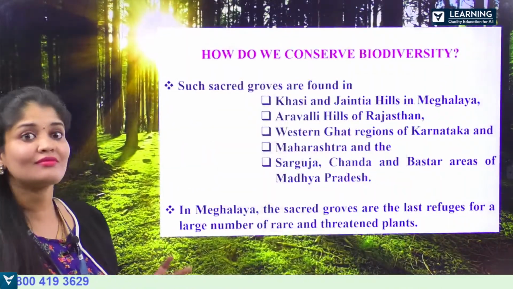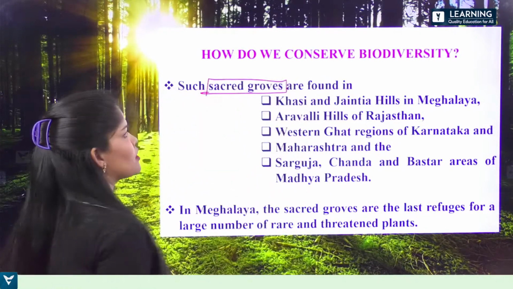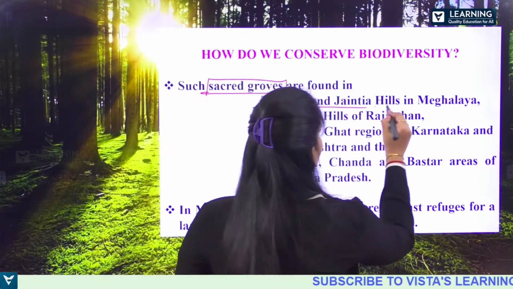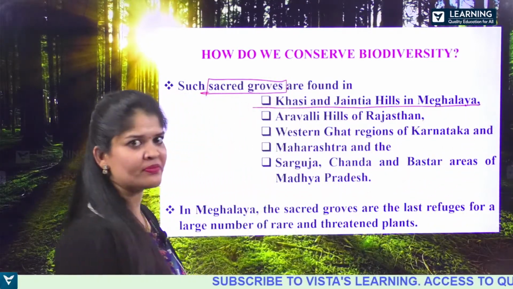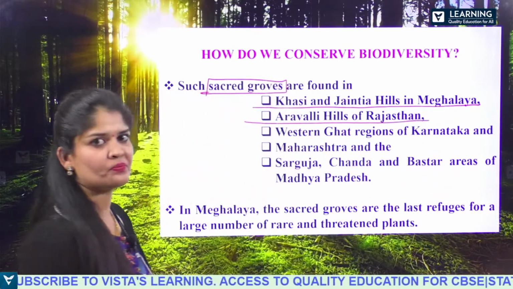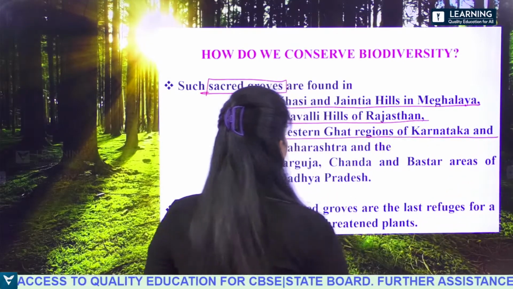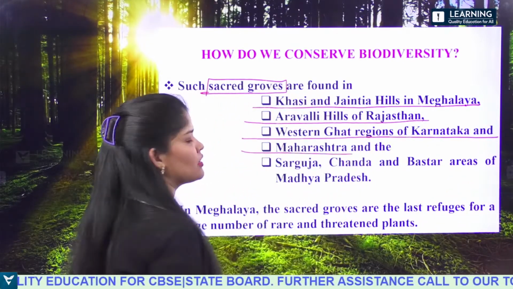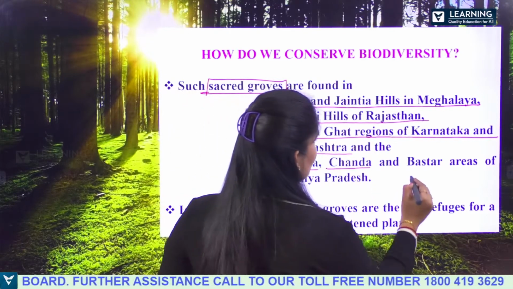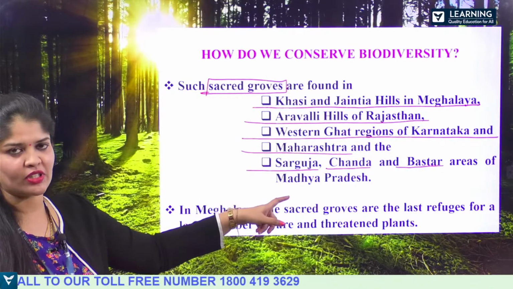Such sacred groves of trees are found in Khasi and Jaintia Hills in Meghalaya, Aravalli Hills of Rajasthan, Western Ghat regions of Karnataka and Maharashtra, and the Sarguja, Chanda regions of Madhya Pradesh.